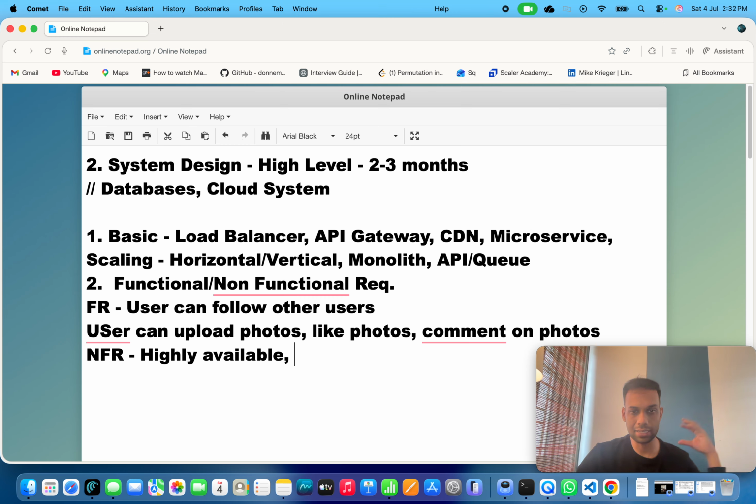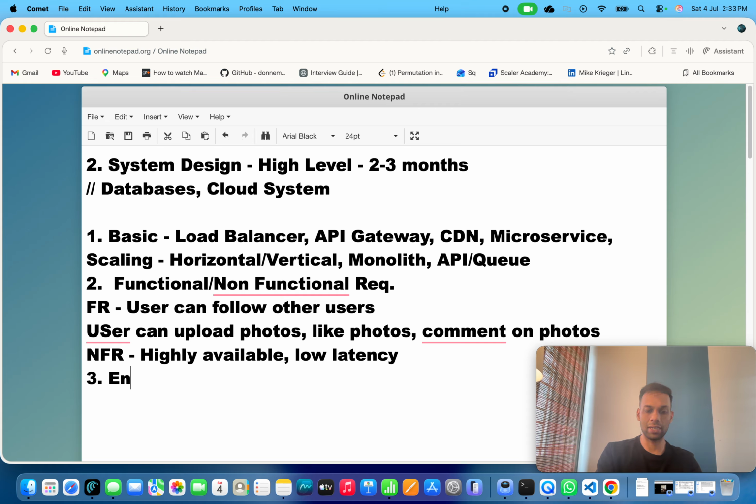It shouldn't be a case where the client sees that the server is down, like you see on different websites. Maybe low latency. If you click on any user profile, the latency should be low. I'm not going into too much detail, but those are the non-functional requirements you should cover in this preparation for high level system design.